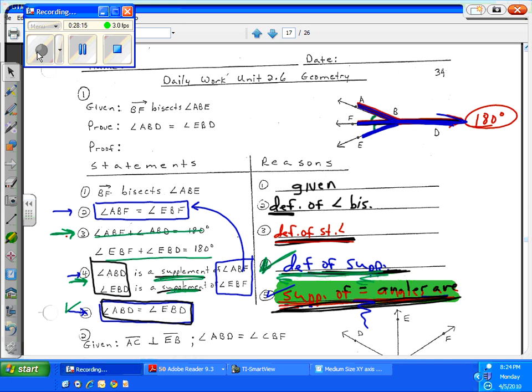So I go to the next needed statement, which is this one. And I look at its reason, and its reason is definition of, and I have to make sure that's justified. Before I can say definition of, I generally need the word and what I get out of it, unless what we are using is something we can see visually from the diagram. If it's something we can see visually from the diagram, we do not have to have the word and what we get out of it.